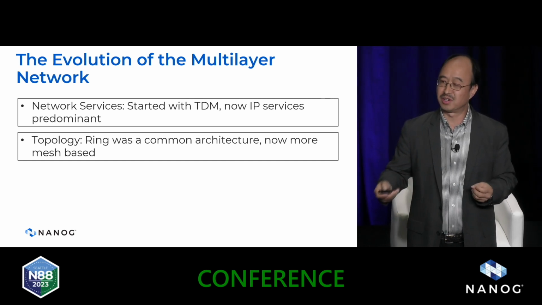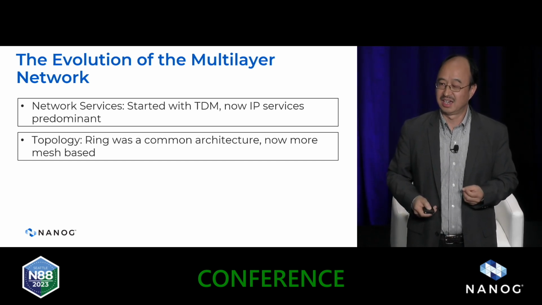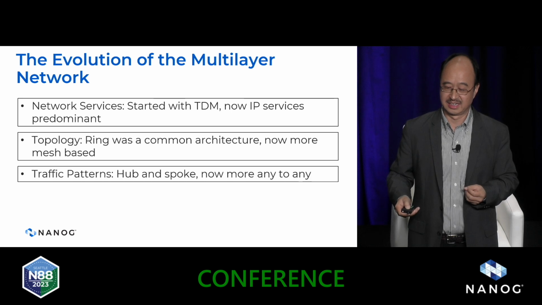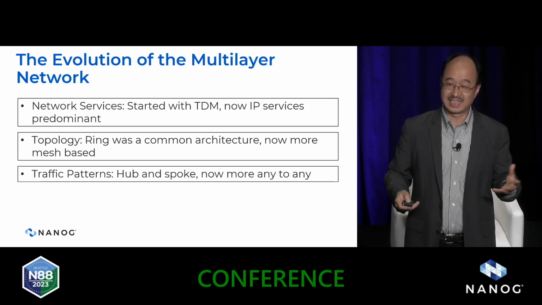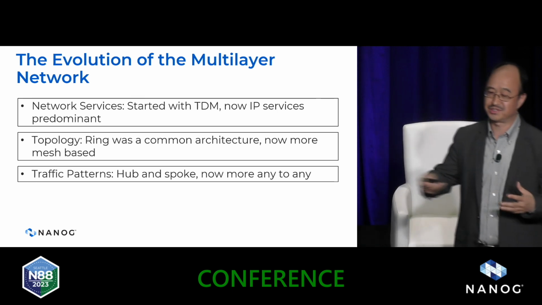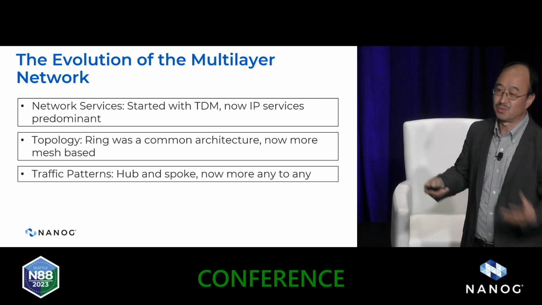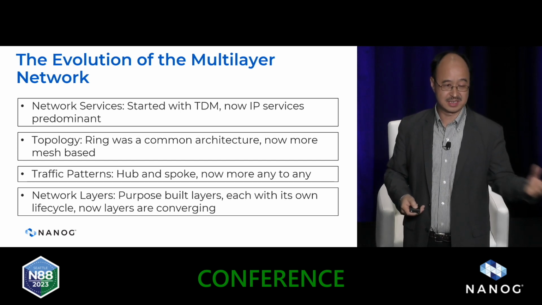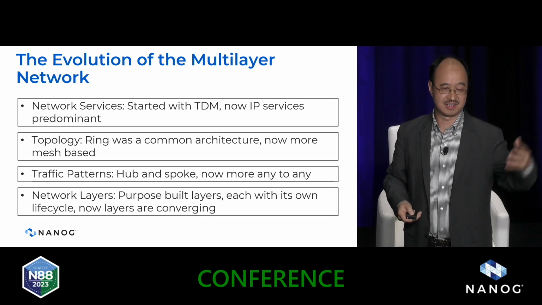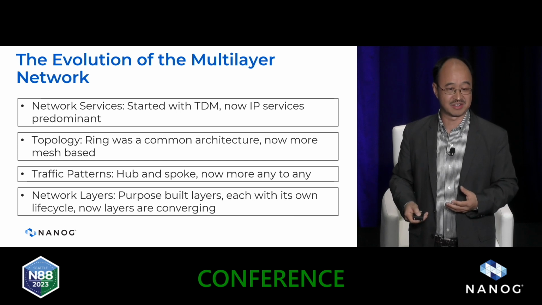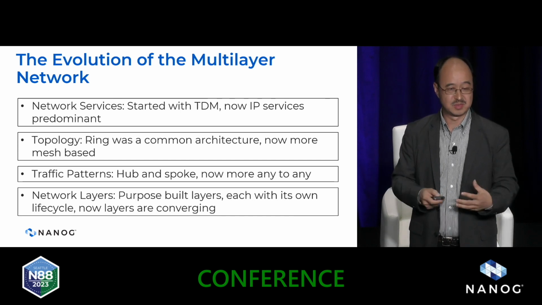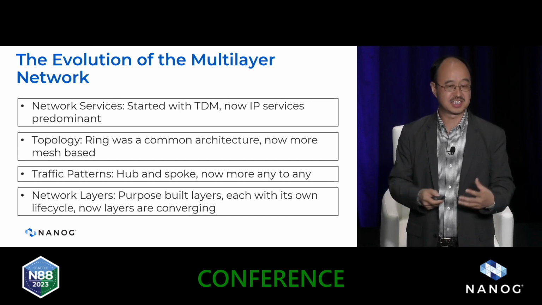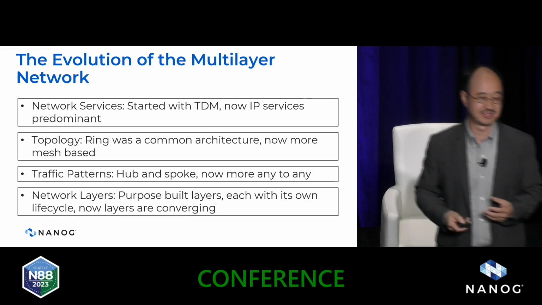Now more and more you see mesh-based topologies. Traffic patterns used to be a lot of hub and spoke, and now more any-to-any. Network layers were purpose-built and very distinct. Now we're trying to merge or converge them. That is the topic of today.